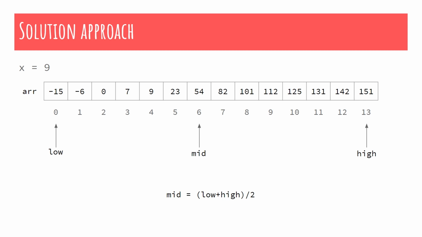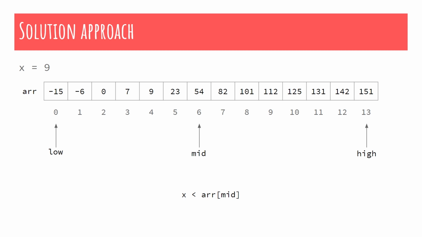And now we are going to compare the element to be found with the element pointed to by the mid pointer in the array. As you can see, 9 is lesser than 54. It is clear that 9 lies somewhere between index 0 and the 6th index of our array, because beyond the 6th index all the elements are going to be greater than 9.